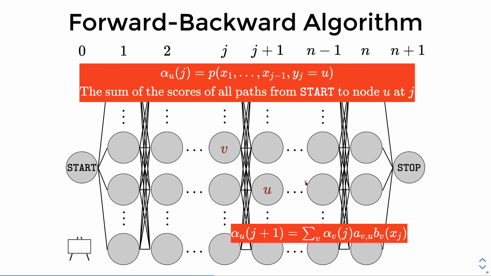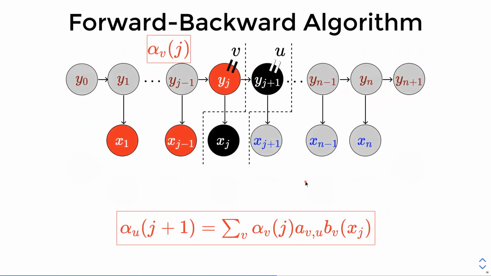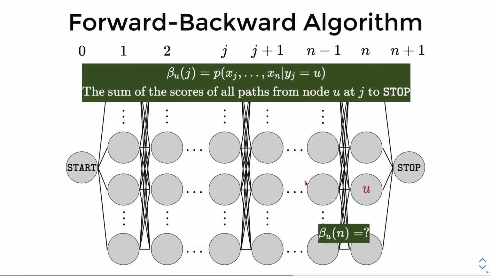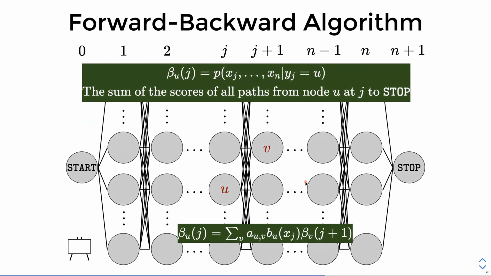Similarly for the backward score. In the general case, when you calculate the score here, you have to visit all the nodes in the previous layer. In total you have T such nodes to visit, and you have T nodes in the current position.